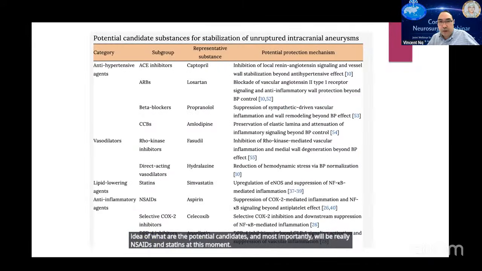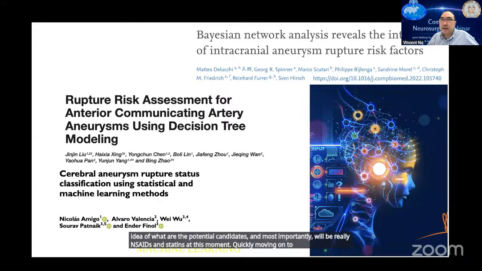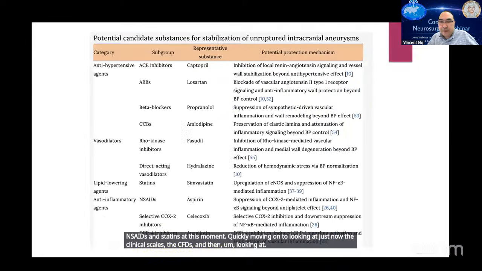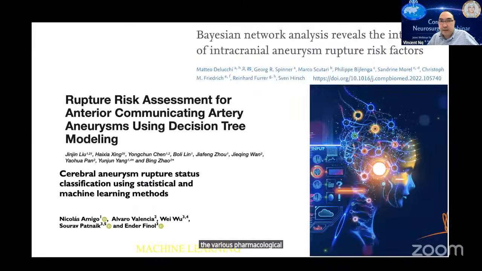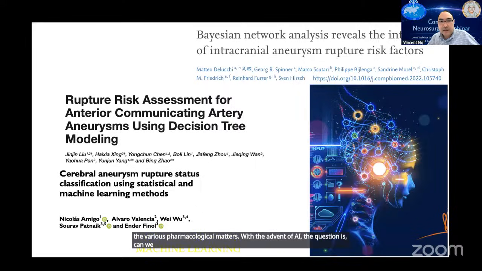Quickly moving on, having looked at the clinical scales, the CFDs, and the various pharmacological methods, with the advent of AI the question is, can we do better in our prediction modeling? With machine learning, it's becoming more and more common.